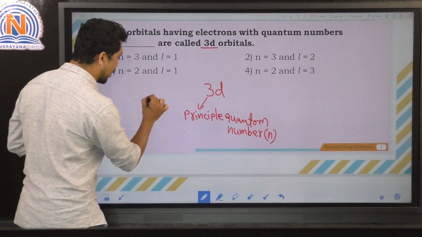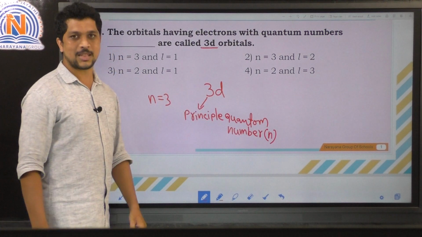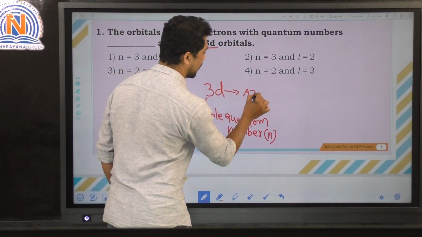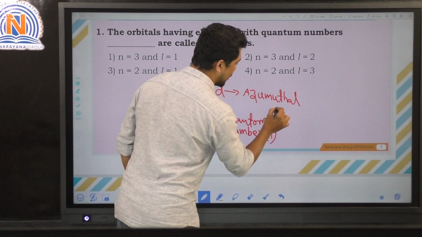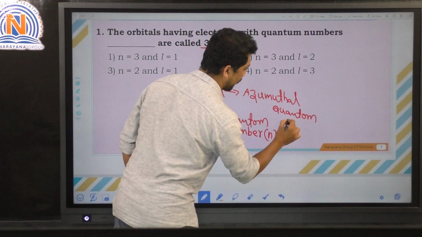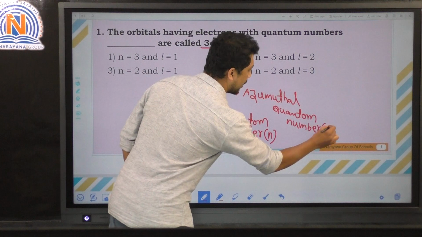So we can say that small n equal to 3, right? And the orbital symbol, the d, represents the azimuthal quantum number. The azimuthal quantum number is represented with small l.